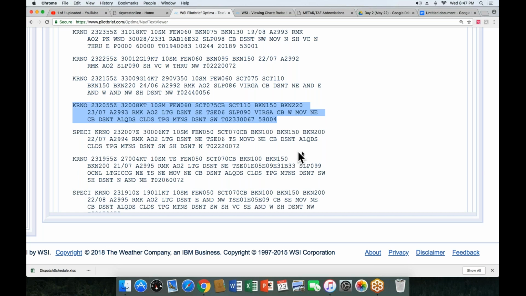Okay, so in all quadrants, there's clouds just above the mountains, at the tops of the mountains. Nope. So this one's kind of different. So you've got cumulonimbus to the west moving northeast. Then you have cumulonimbus distant in all quadrants. And then this is saying clouds are topping the mountains distant to the southwest.